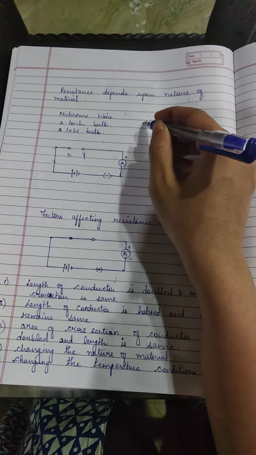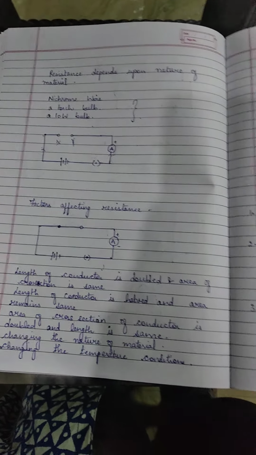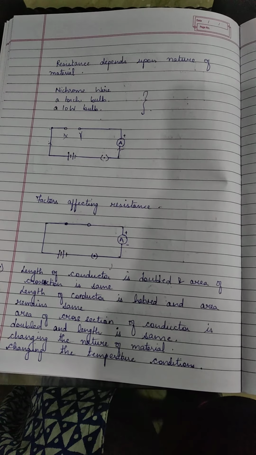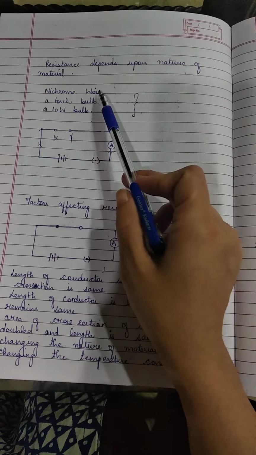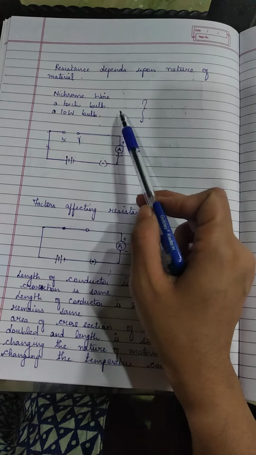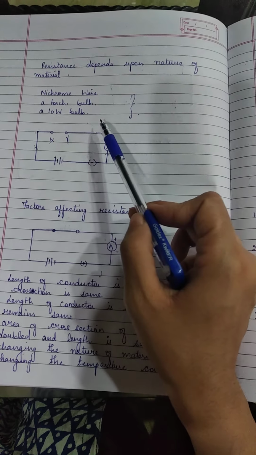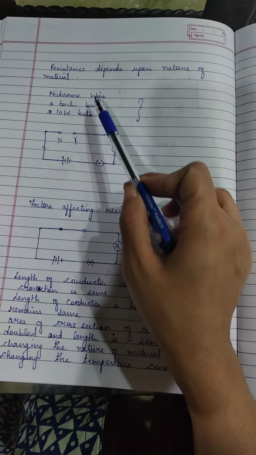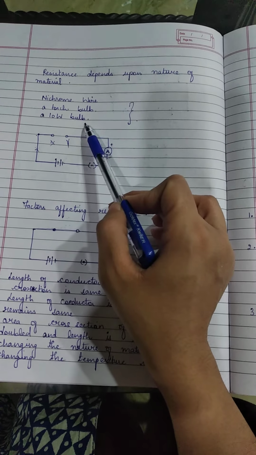So what do these conditions imply? They imply that current will change depending upon the resistance of a conductor, right? So there is some property in these materials which changes the value of current. And what is this property? This is a characteristic property of the material of which these three are made.